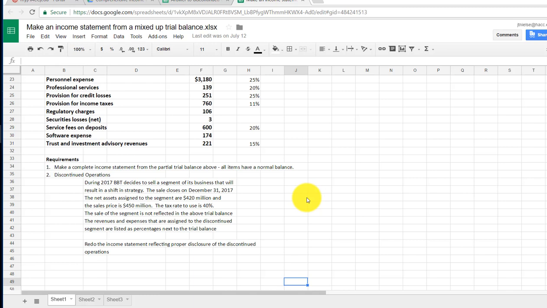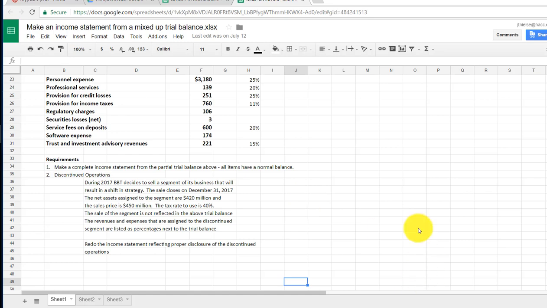Tax rate is 40%. The sale of the segment is not reflected in the trial balance above, so we are going to have to put that gain in our income statement even though it's not reflected on the trial balance. Revenues and expenses assigned to the discontinued segment are listed as percentages.